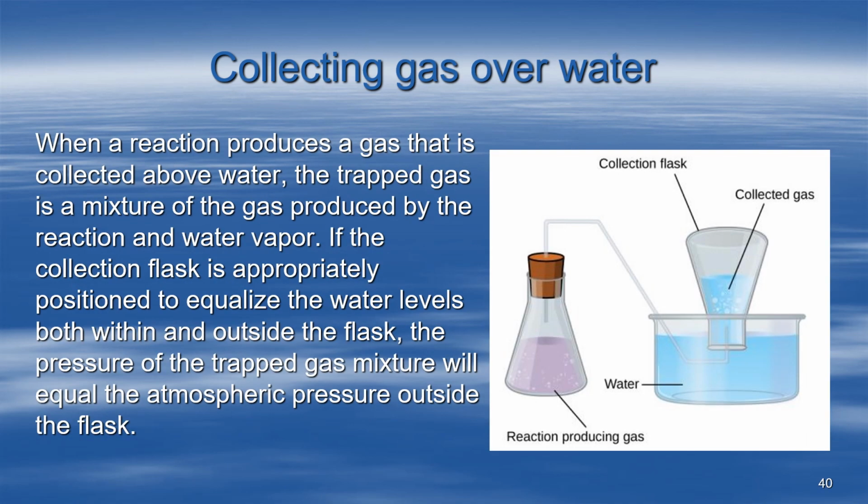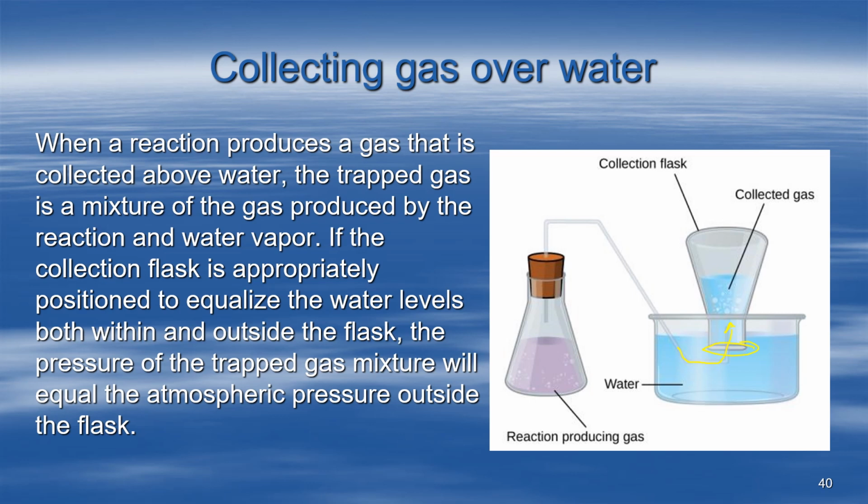So here's what I'm talking about. Here's the reaction happening, and there's a gas being formed. And instead of collecting it directly into something, it's going through this tube, and it's being collected in this bottle. This is open because it's in water. So there's water in there, it was totally filled with water.